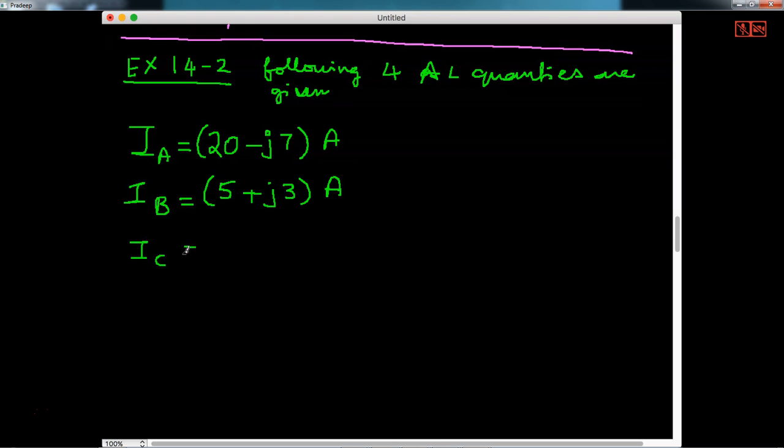IC equal to 13.5 at an angle of 40 degrees amperes, and then Vs equal to 400 at an angle of 0 degrees.